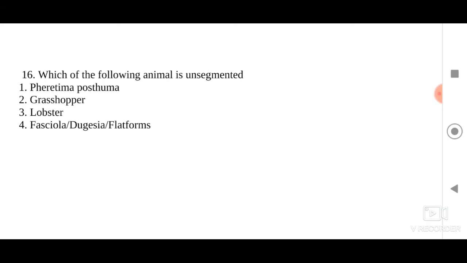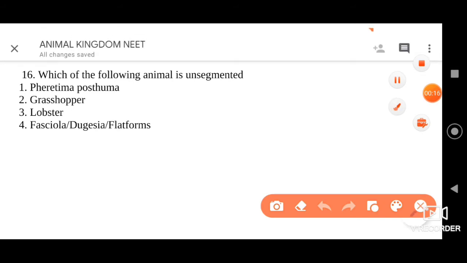Moving on to the next question, we have, which of the following animals is unsegmented? Please understand here, the body should not possess, internally or externally, any segments. That organism we need to identify from the given 4 options, dear students. Here the first option which is given is Pheretima postuma. See, this Pheretima postuma is the earthworm.